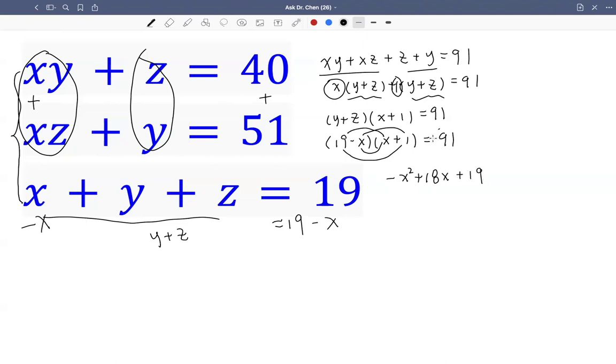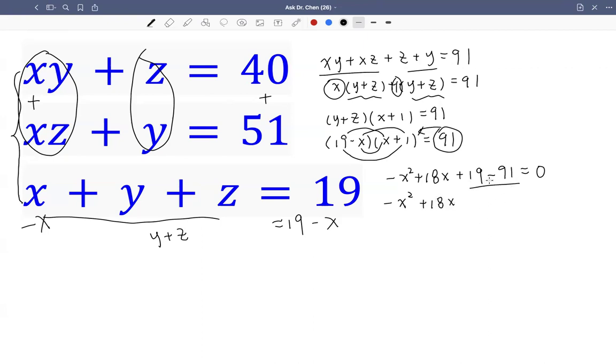Now we move 91 to the left-hand side, and it becomes negative, then equals 0, right? That's how we solve a quadratic equation. We try to put it in a factored form, so we leave the right-hand side to be 0. Now let's simplify this. So we get negative x squared plus 18x.